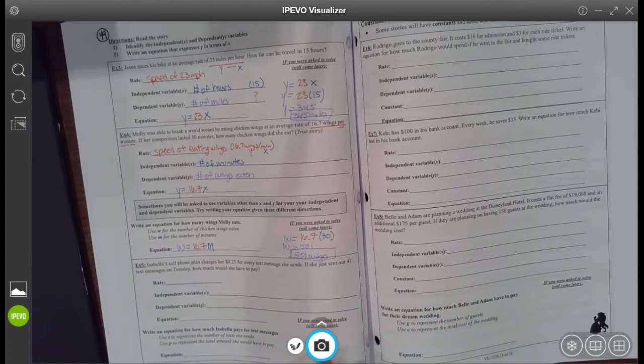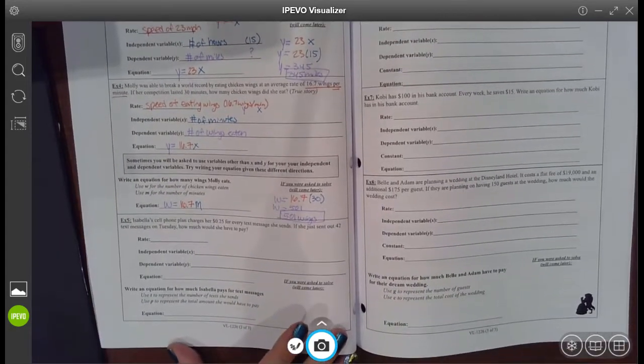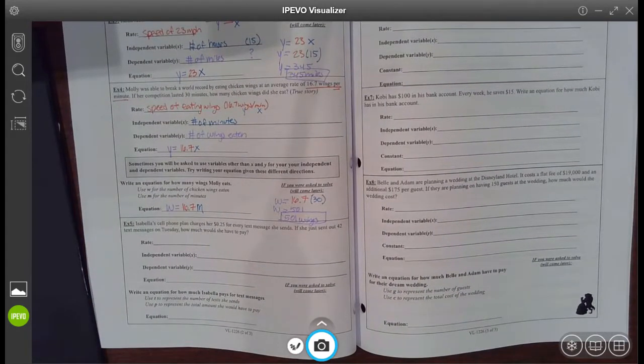Okay. Again, if you haven't tried any yourself, please always pause the video, try them, and then unpause it and come back. This one says Isabella's cell phone plan charges her 25 cents for every text message she sends.